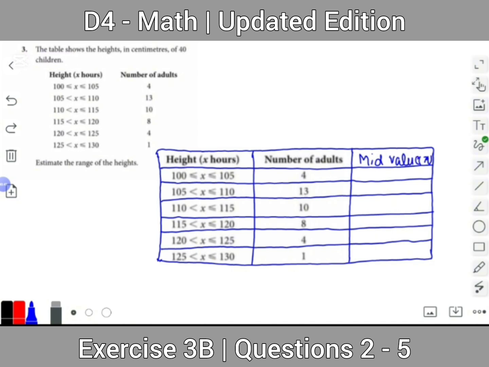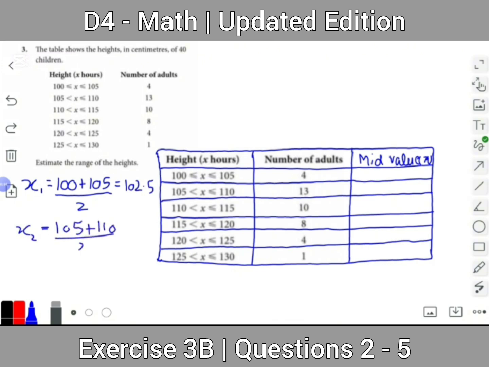We will get the first mid value by dividing the lower limit plus the upper limit by 2 for the first class interval, and that is 102.5. Now for the second class interval, the lower limit is 105 and the upper limit is 110.